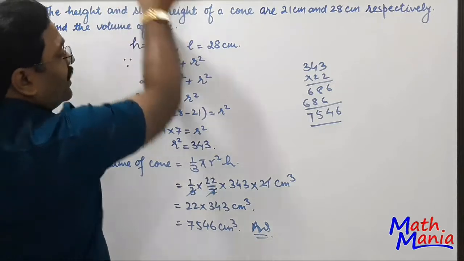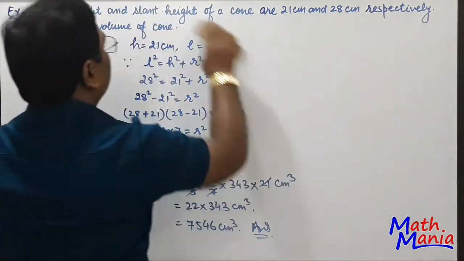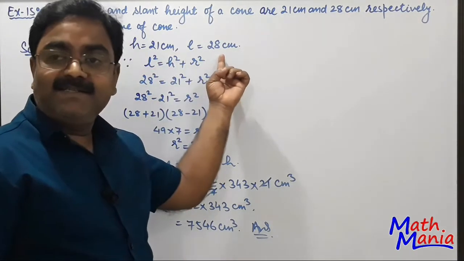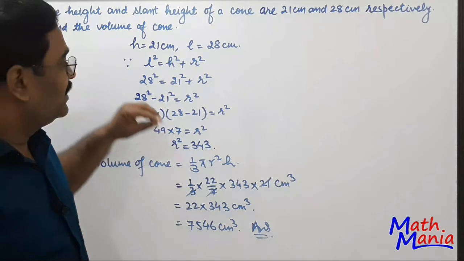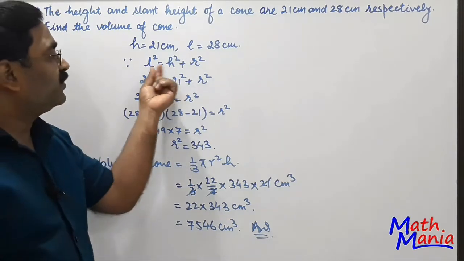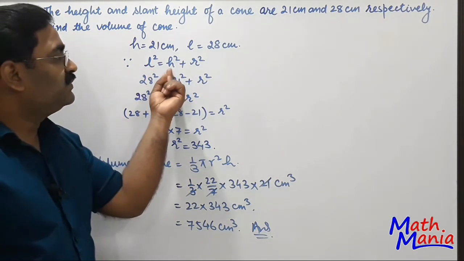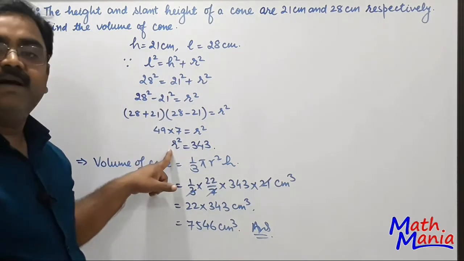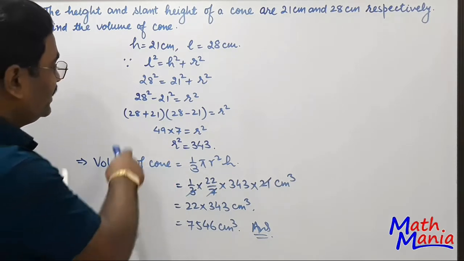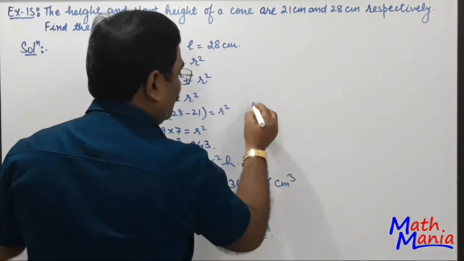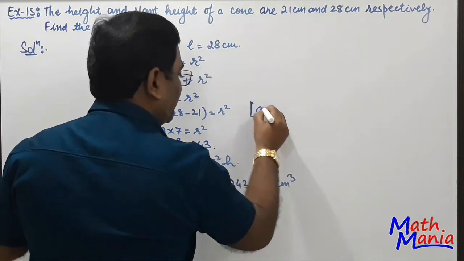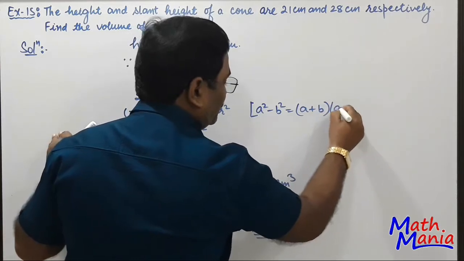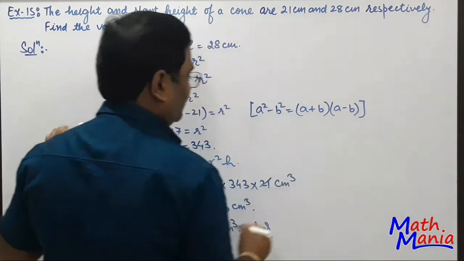So in this you can easily calculate. Here it was given as height is 21 centimeter and slant height is 28 centimeter. तो हमने क्या किया, first of all we have to apply this formula of L square equals H square plus R square. From this formula we got the value of R square. R square की value हमने find out कर लिया. Here we have applied the formula of A square minus B square equals A plus B into A minus B, you know it better.